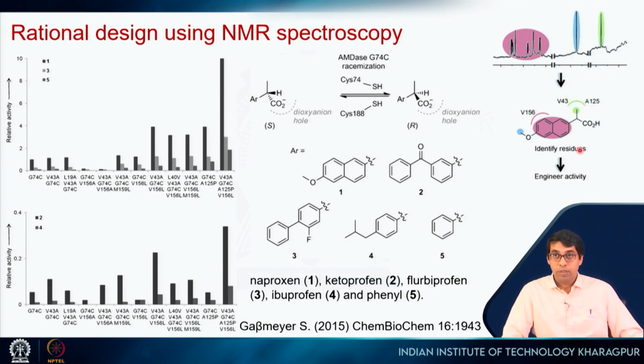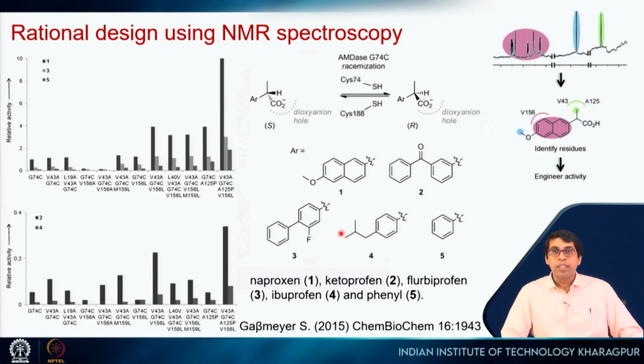You take a large excess of the substrate, add it to the enzyme, and then you can excite the substrate and transfer the magnetization from the substrate to the enzyme, right? Using that, you can identify which amino acids are involved in recognition of the substrate, and then you can mutate those residues to improve your substrate specificity, and that is what is shown here.